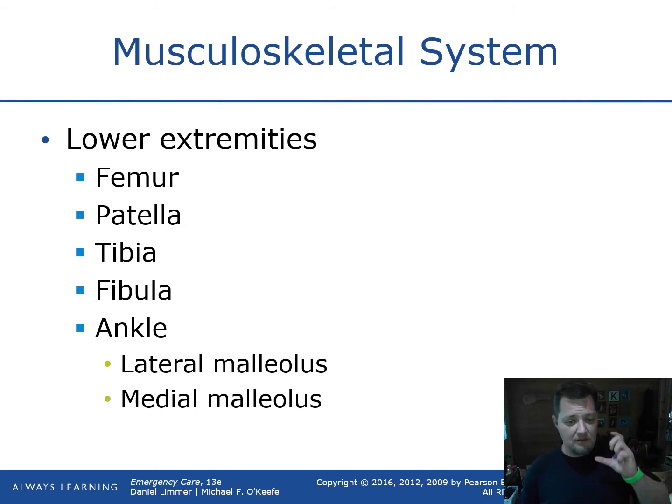You've got your patella, which is the kneecap, the tibia, and the fibula, which are both the lower leg. You've got 2 bones down there. And then you've got your ankle, the big, huge knots on either side of the ankle. On the outside, you've got your lateral malleolus, and your medial malleolus is on the inside.